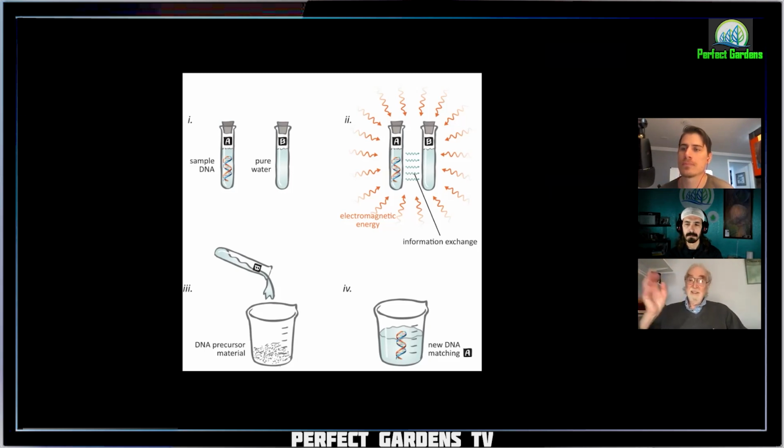Because at least statistically speaking, only water. And that water has the same impact as the original undiluted specimen. So, and this is what got the water memory issue and people in trouble.